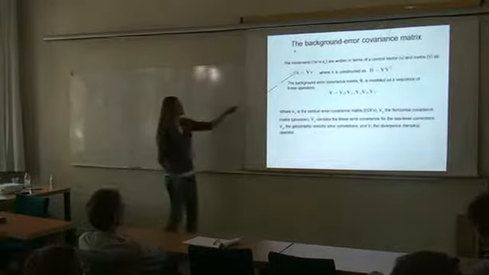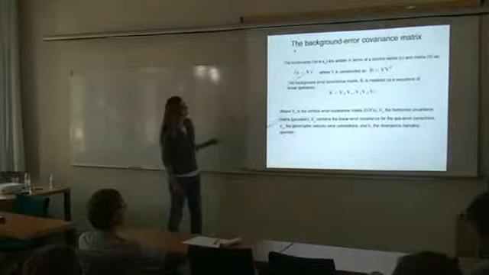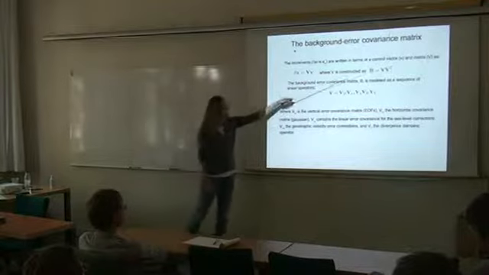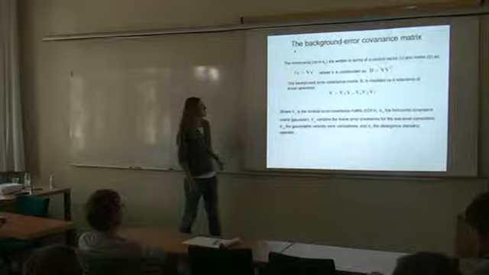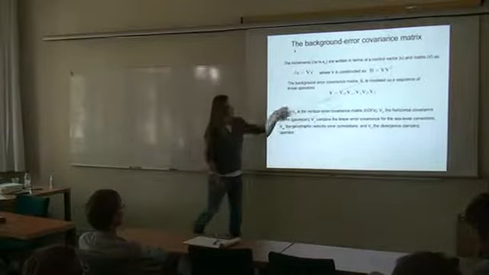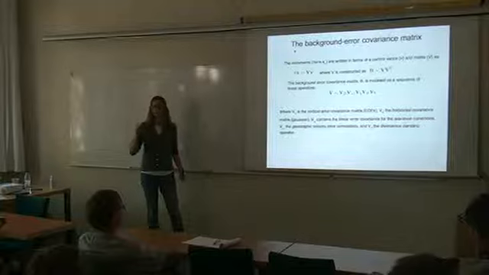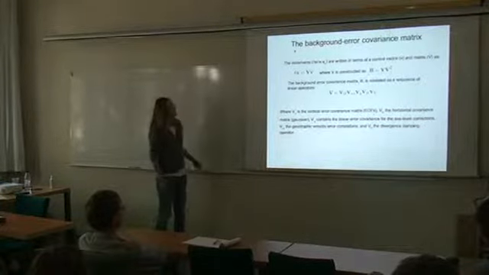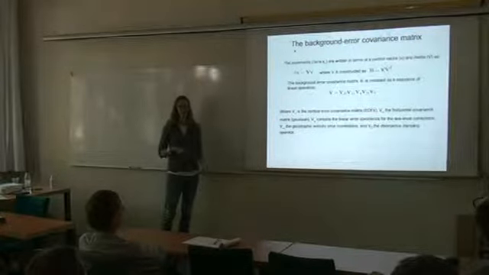So these increments are written in terms of a control vector and a matrix like this, where V is constructed from the background error covariance matrix, and it's constructed like this to make sure that it can be inverted, which is necessary. And since it's very, very huge, it's necessary to put it into pieces.